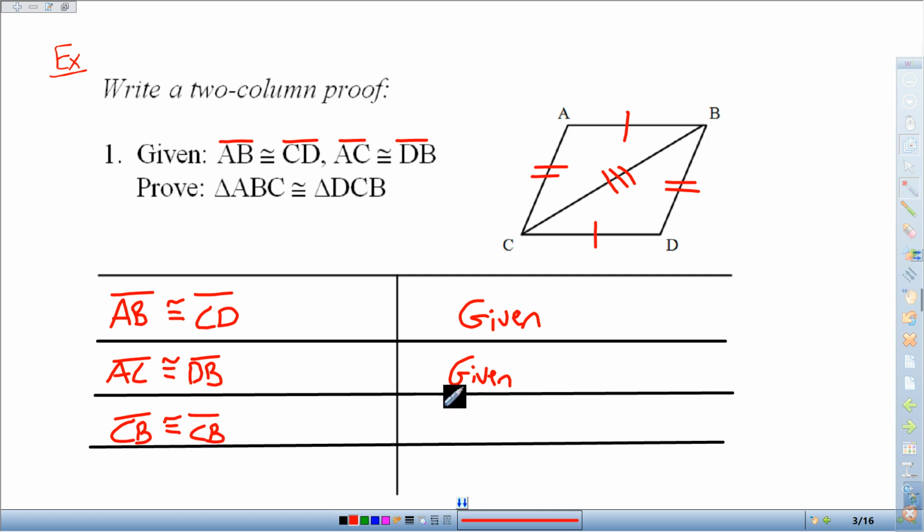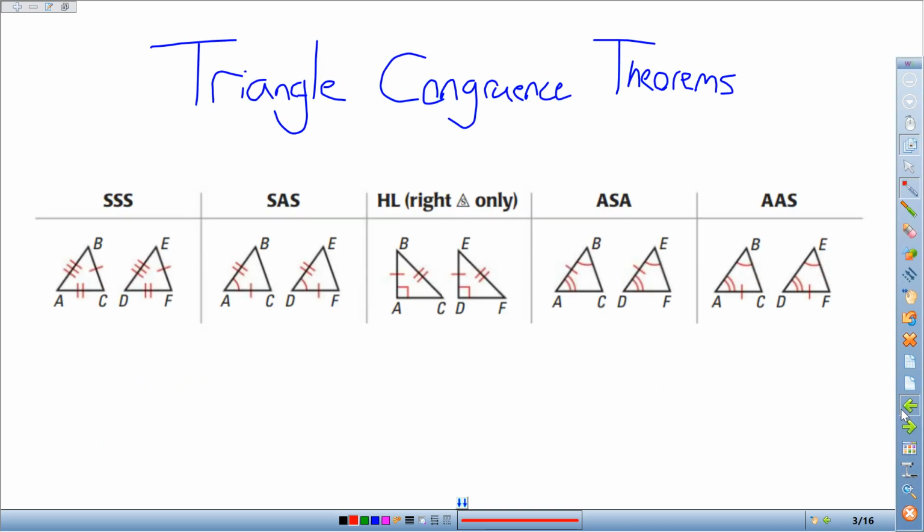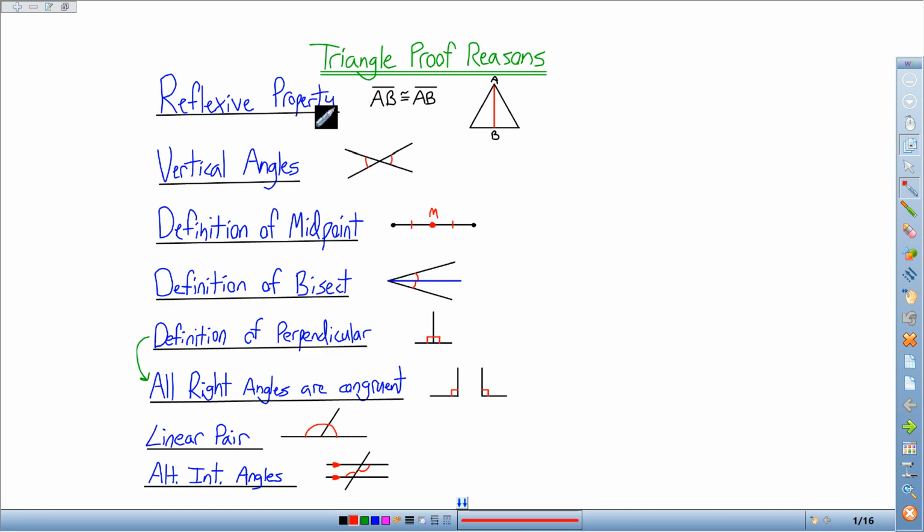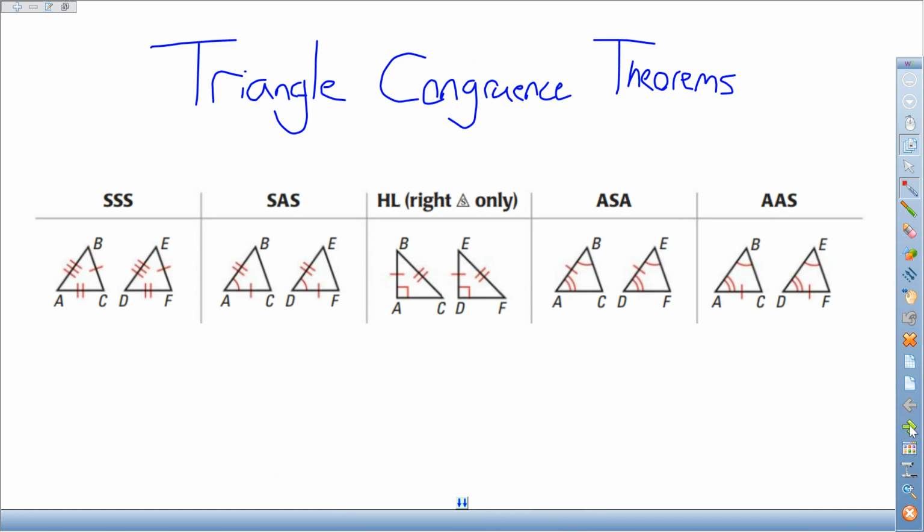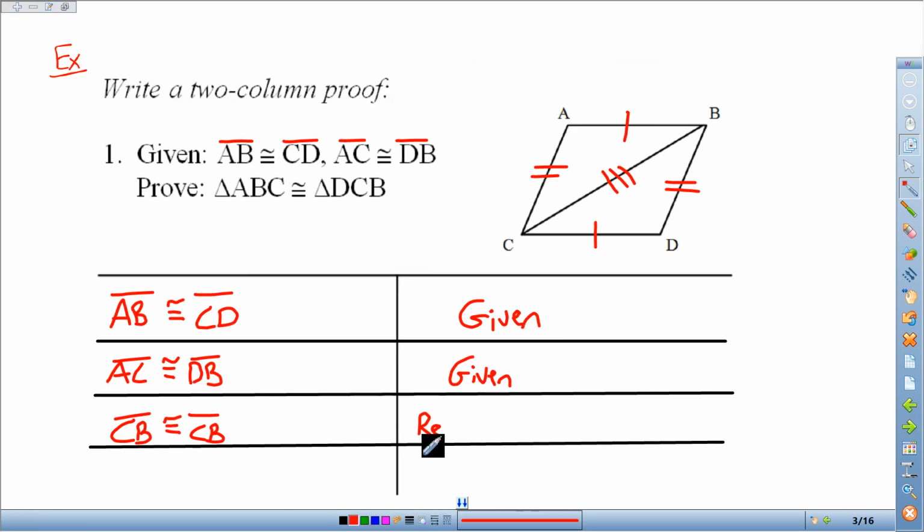Why do I know that? This is where our reasons come into play. Anytime something is shared between the two triangles, that's the reflexive property. So, reflexive property. Cool. Once we get three pieces of information written on our triangles, we know that we're at our final step.